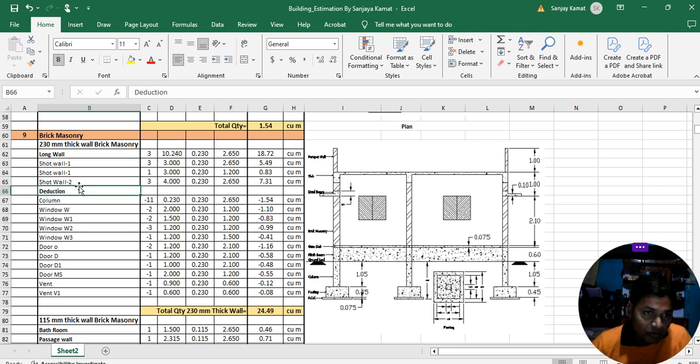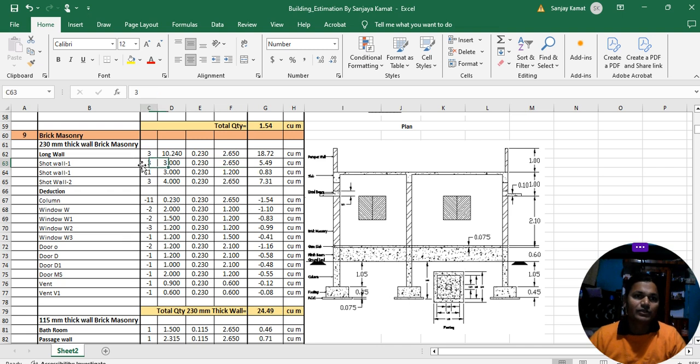In short wall 1 the number is 3, the length will be 3 meter, the breadth will be the same 0.230, which is constant, and the depth we are going to take is 2.650 meter.